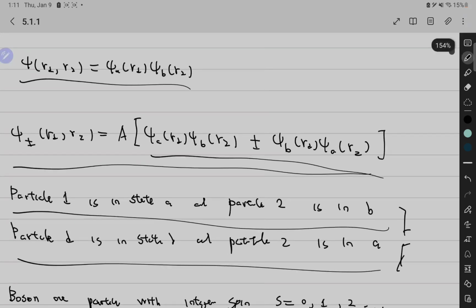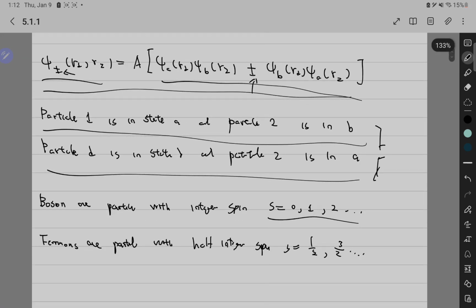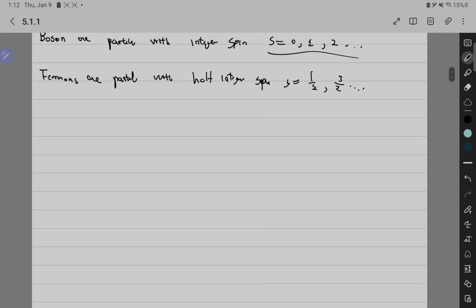Remember our wave function here, we're talking about two identical particles. If these two identical particles are bosons, then this plus minus sign in our equation becomes positive. If it were a fermion, it becomes negative. So let's look at the boson's case. For bosons it is plus.